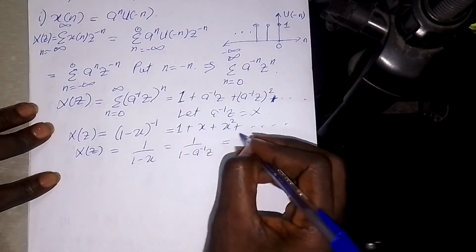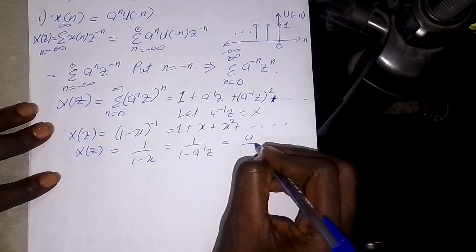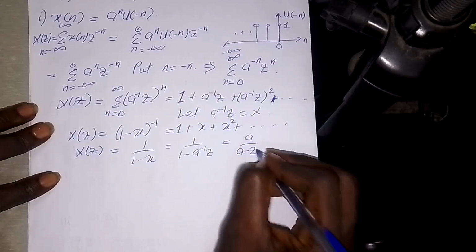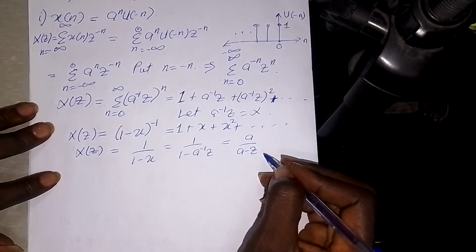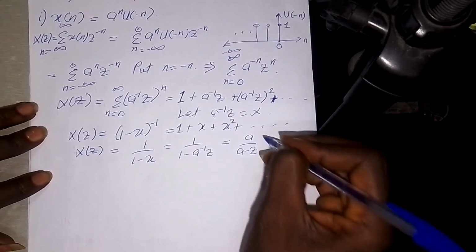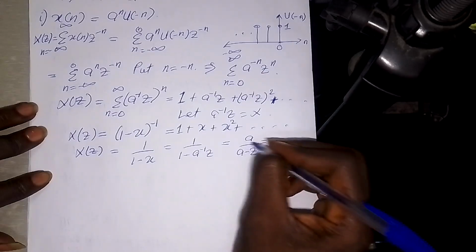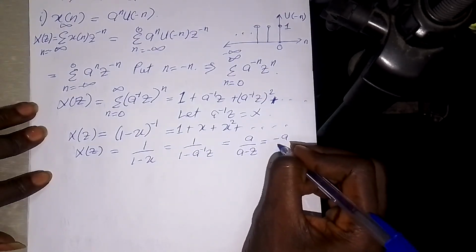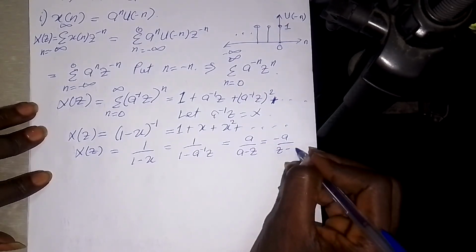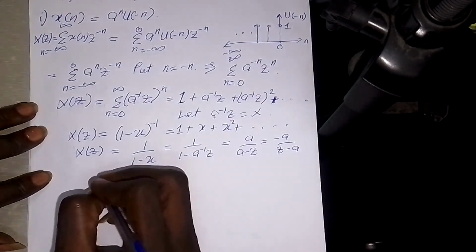If you multiply through by a, you get a over a minus z. Or if you multiply through by minus 1 also, you get minus a over z minus a.